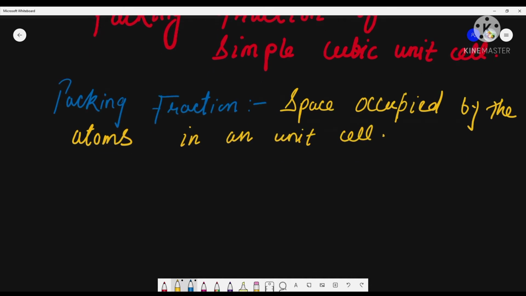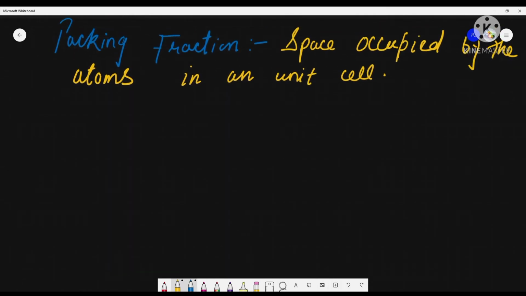Yes, okay, this is what we call packing fraction.